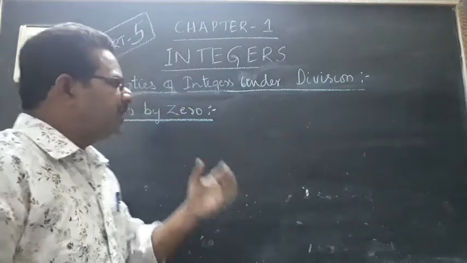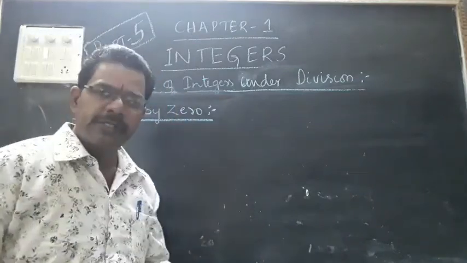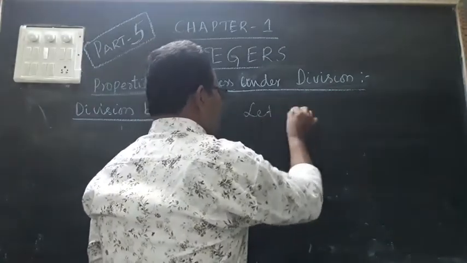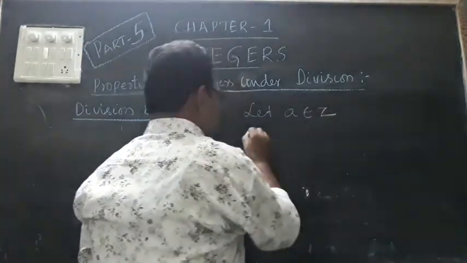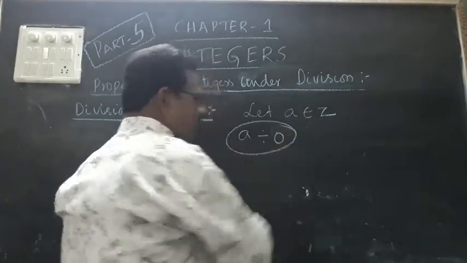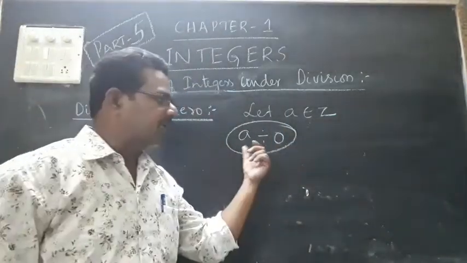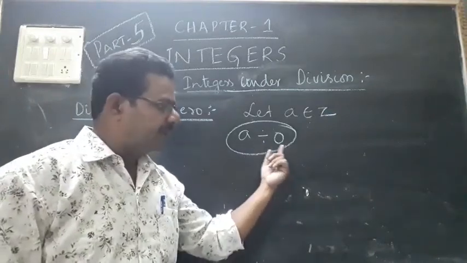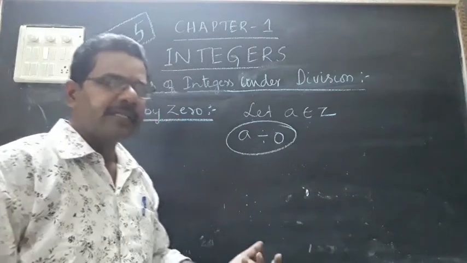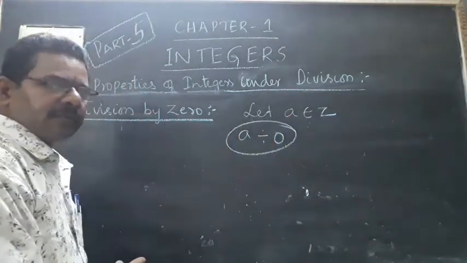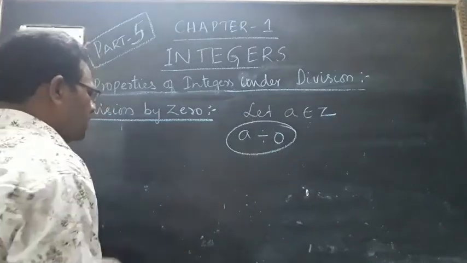Suppose I have taken a belonging to the set of integers, a divided by 0 is meaningless because we cannot get a value, it is undefined. So a divided by 0 is not defined. That's why it is meaningless.